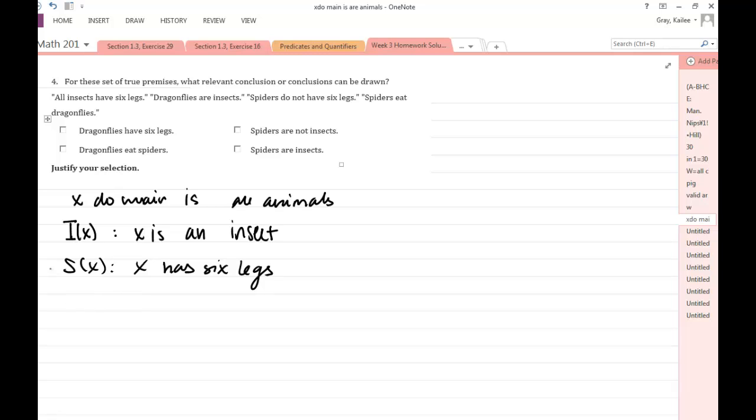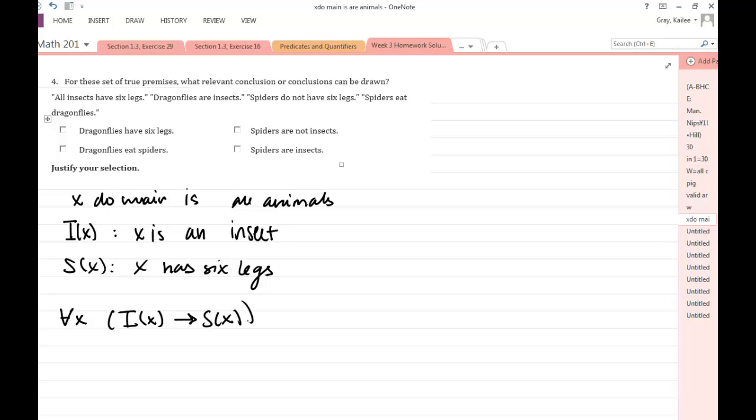So if I write out the first two statements, for all animals, if insect, then 6 legs. So it doesn't say anything about 6 legs, but it does say that if you're an insect, you have 6 legs. Think about the logically equivalent contrapositive: would be not 6 legs and not insect.